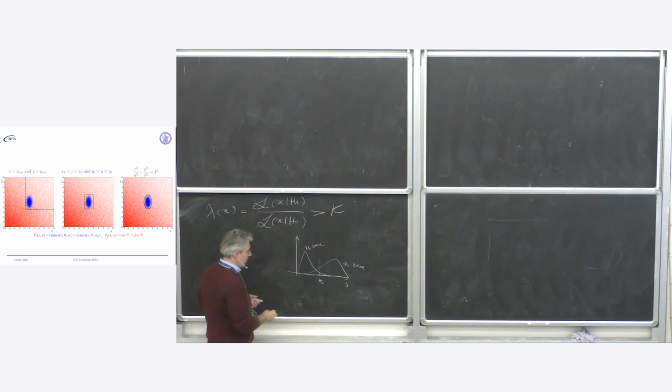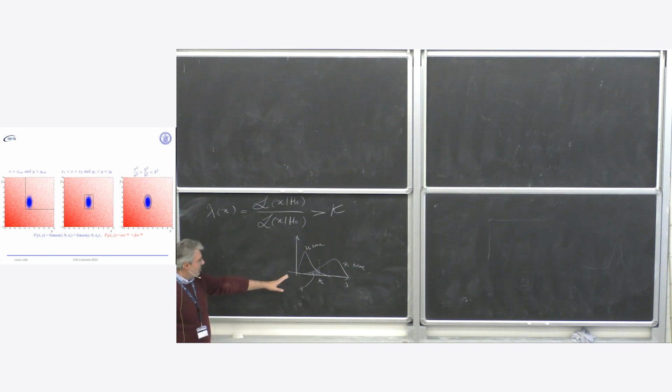Alpha is 1 minus the efficiency, so it's this area here. If I want to set a specific value of alpha, this means that on our ROC curve, I have 1 minus alpha versus beta. So this has some curve like this. I want to set this value.